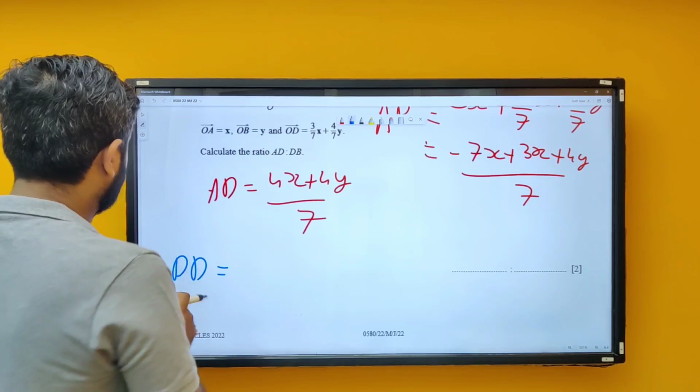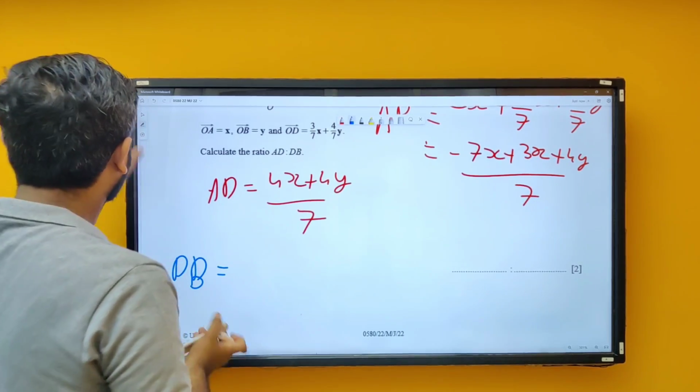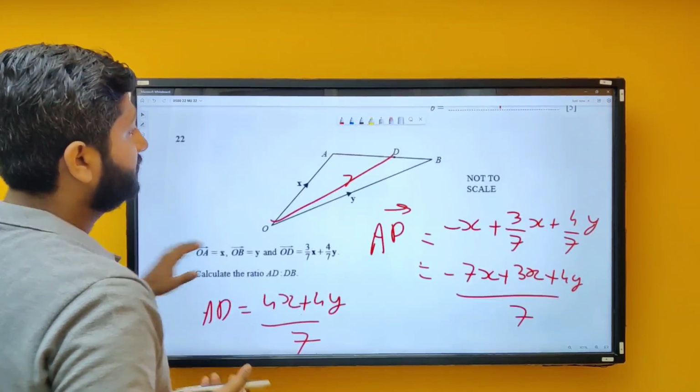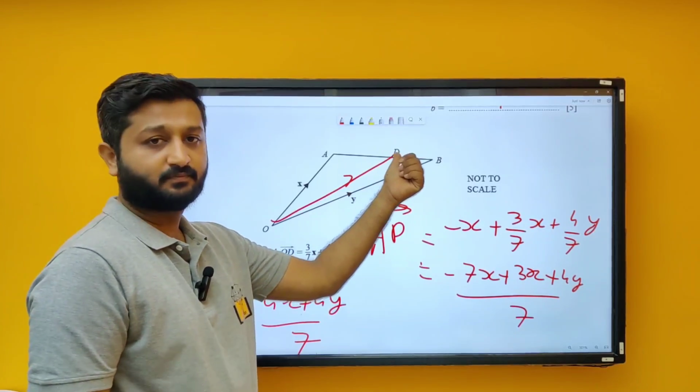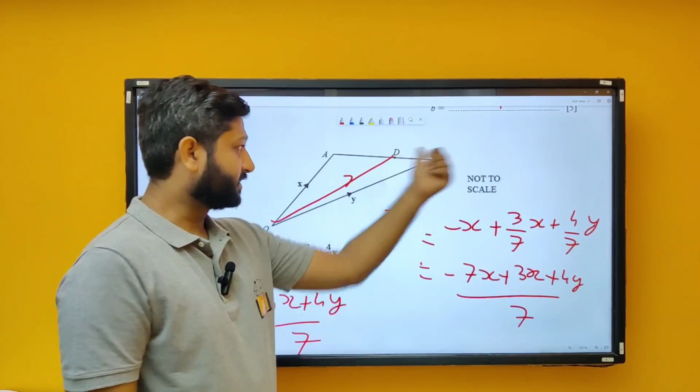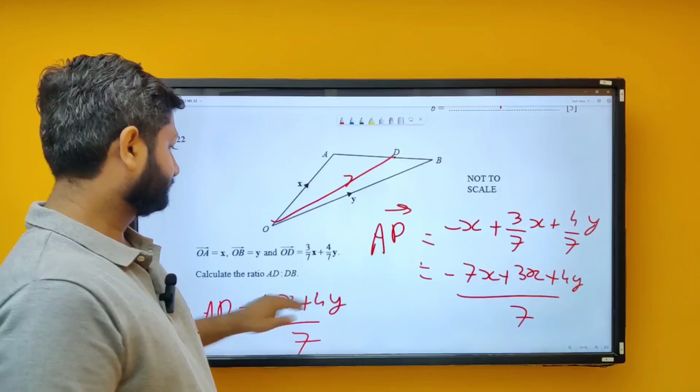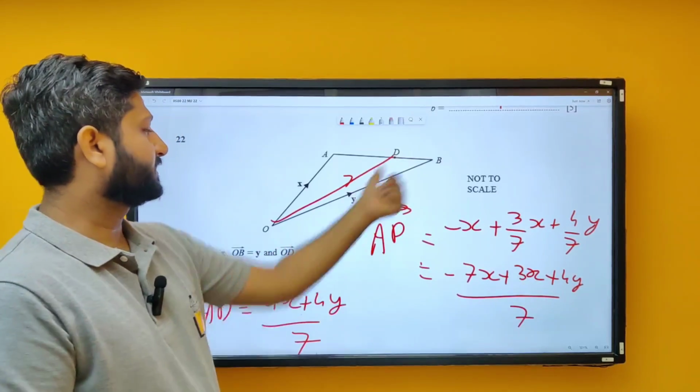My DB is moving from D going towards B, which is DO, the opposite of this, plus y.